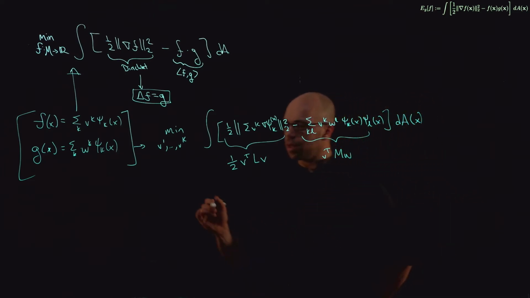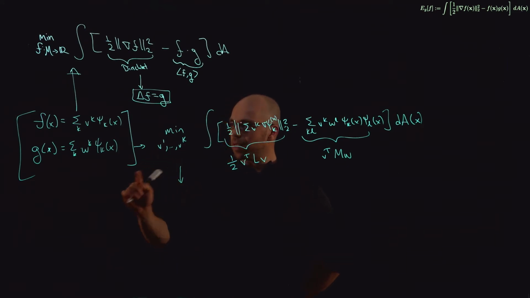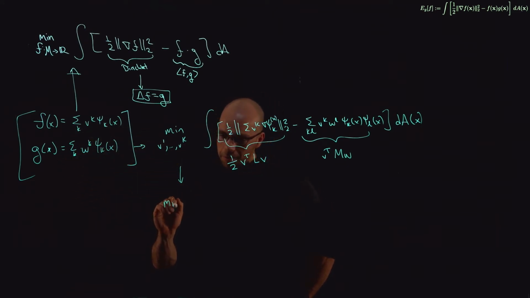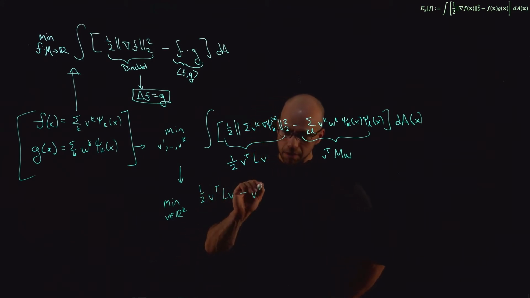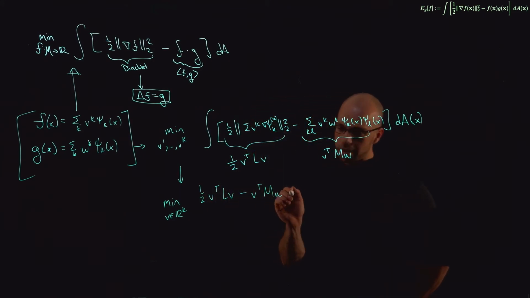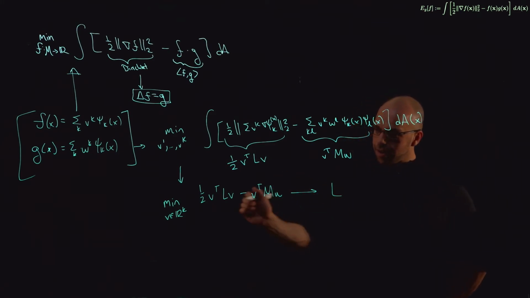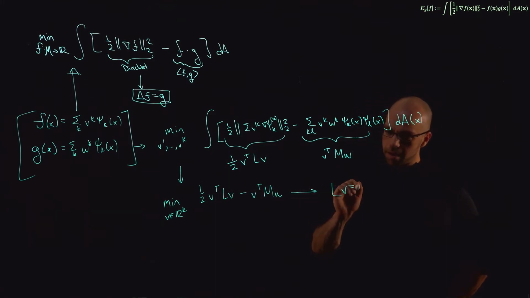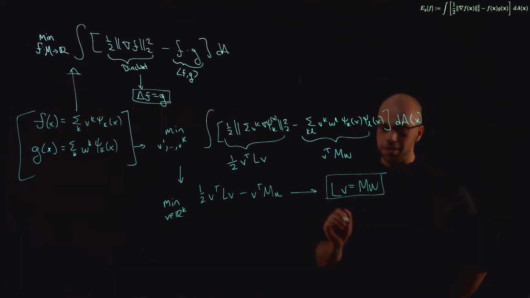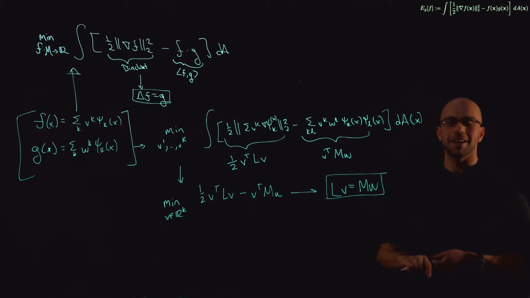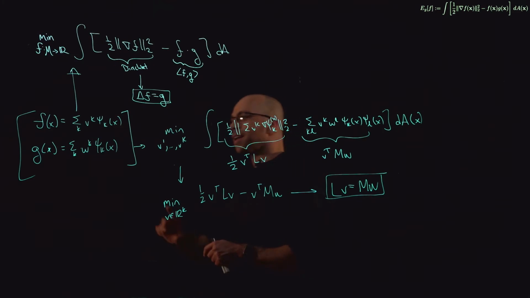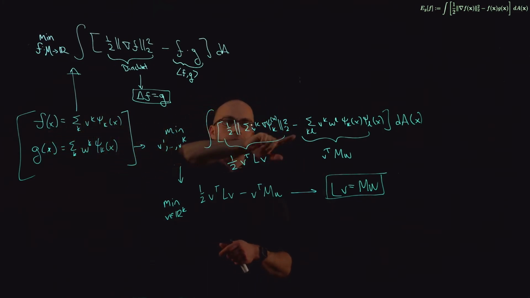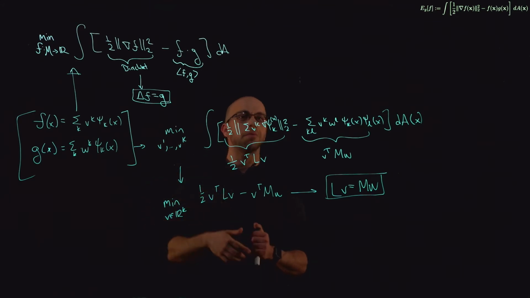Okay, so at the end of the day, after we substitute in a basis here, we're solving a vector problem for v in R to the big K of 1/2 v transpose L v minus v transpose M w, which, just like before, is going to lead us to L v equals M w. Exactly the same formulation that we derived in a different way by integrating against test functions. But here, rather than integrating against test functions, what we did is just plug in a form for f and g and restrict the variables in our optimization problems to those spaces.